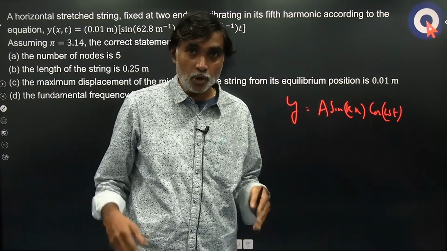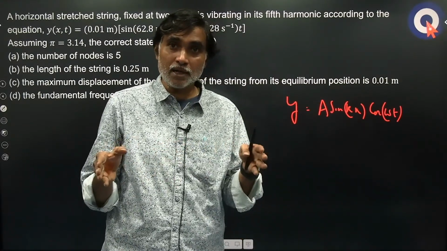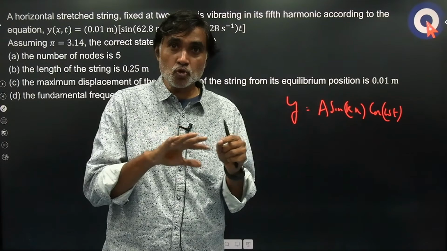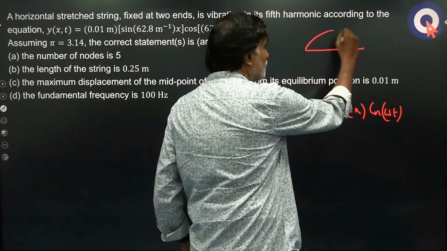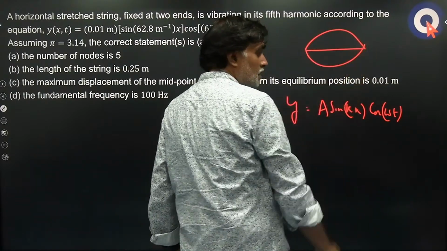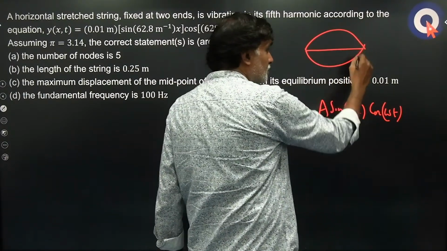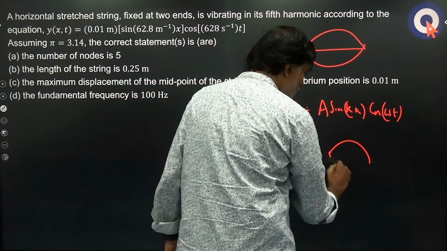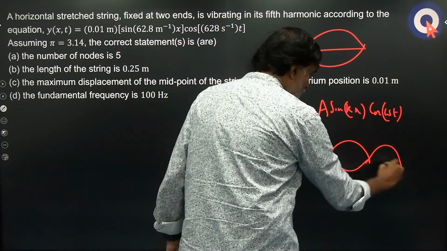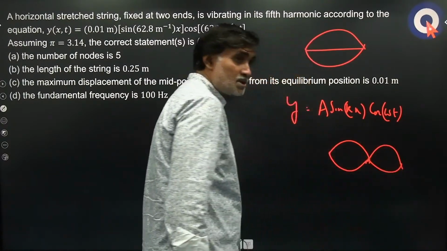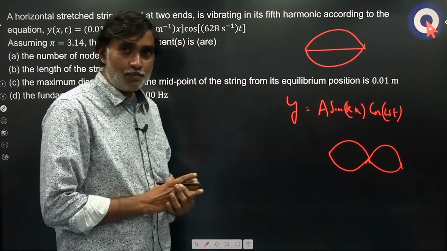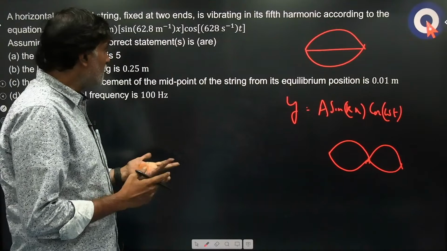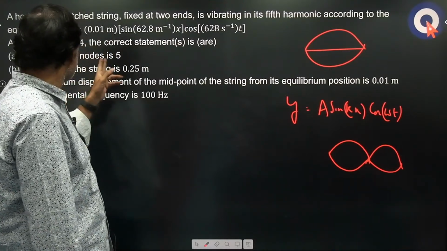First harmonic or fundamental, there is only one loop, means 2 nodes. And second harmonic means two loops, means 3 nodes. So in general nth harmonic means n plus 1 nodes you will get. So if it is fifth harmonic, you should get 6 nodes. So this will be wrong.